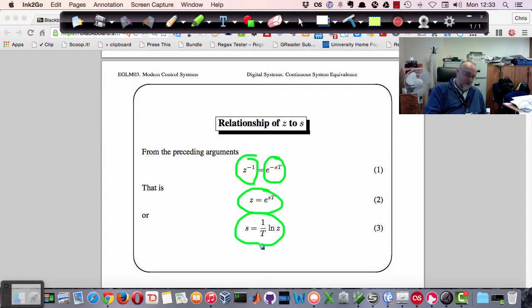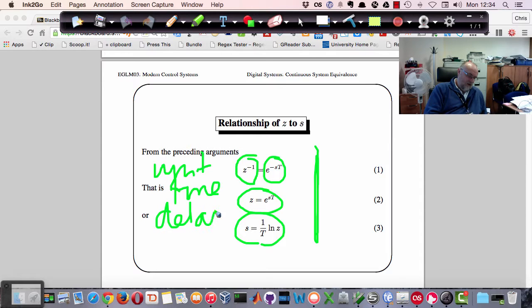And so these are precise relationships that relate the z operator to the transfer function operator, taking into account that this is a unit time delay. So z to the minus 1 is a delay of 1 period in the system.